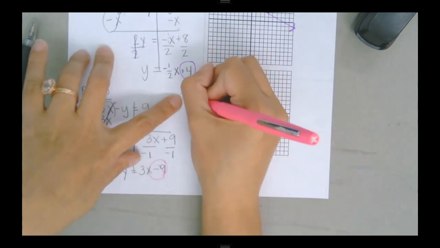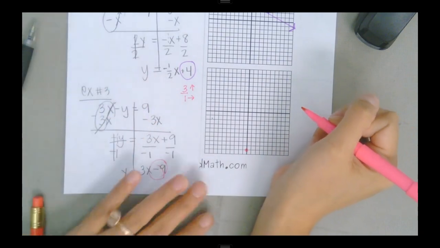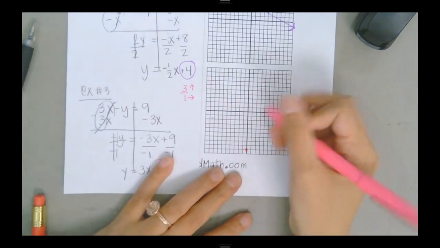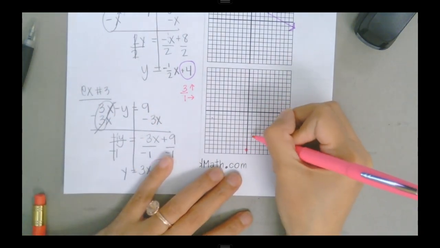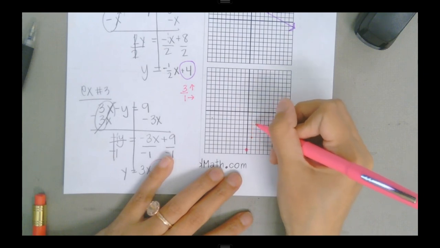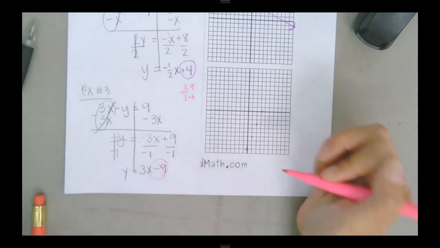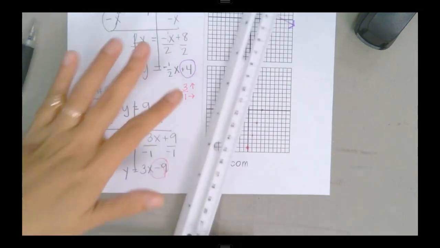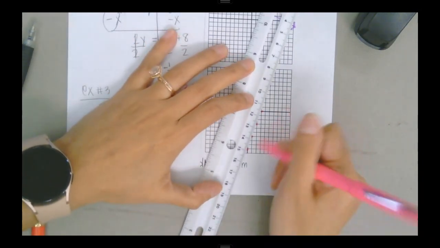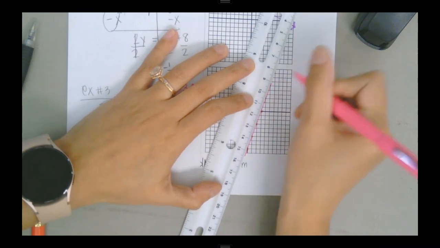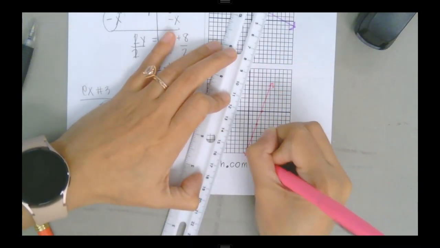The 1 is positive, so that tells me to go to the right 1. So from my point, I'm going to go up 3, over 1, up 3, over 1, up 3, over 1. And just like the others, I'm going to go ahead and graph it with my arrows on the end.